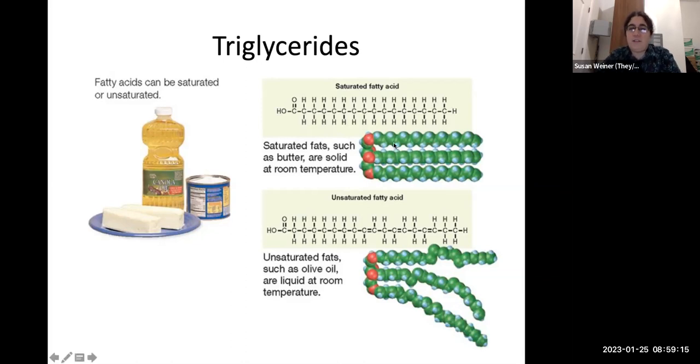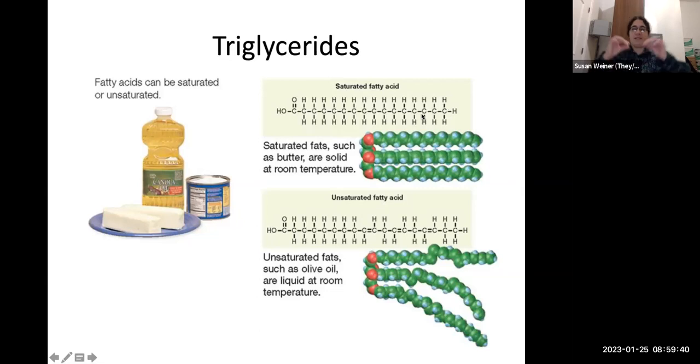The difference between a saturated fat and an unsaturated fat is that a saturated fat has only single bonds in those hydrocarbon tails. And so that means every carbon has a full complement of hydrogens. So there's 2 hydrogens on each linking carbon and then 3 at the end.